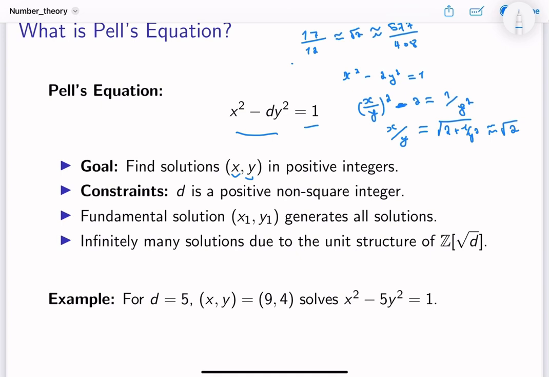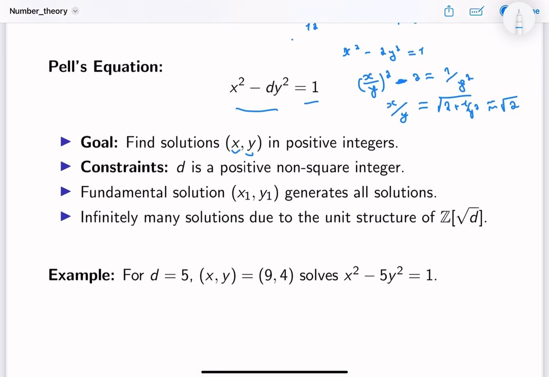However, we want to assume that d is a positive non-square integer. This is crucial. As an example, in the equation x squared minus 5y squared equals 1, the pair (x, y) equals (9, 4) is a solution, but it's really highly non-trivial.